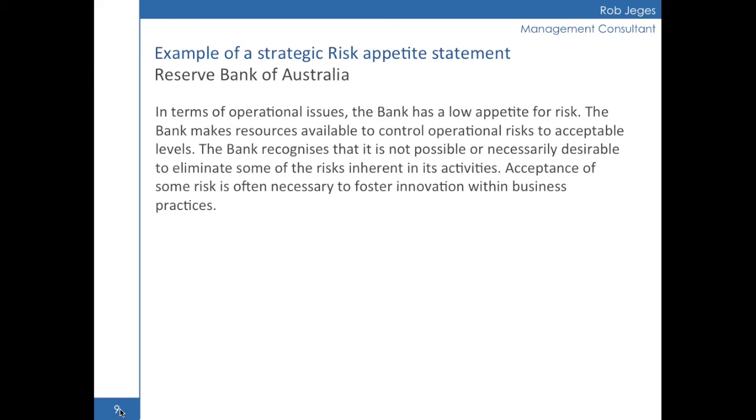What is interesting is the final sentence that says that the bank recognizes it is not possible or necessarily desirable to eliminate some of the risk inherent in its activities. Acceptance of some risk is often necessary to foster innovation within business practices. So they have a low appetite for risk, but there are some risks that they're willing to accept.